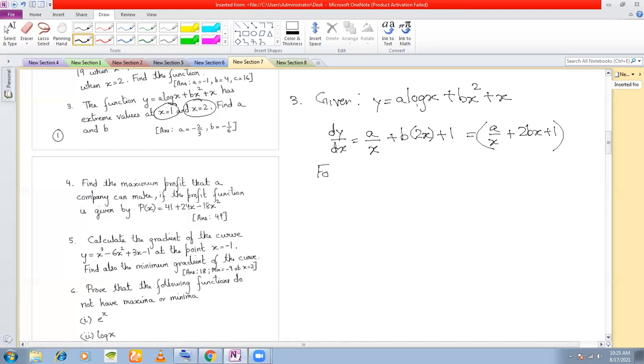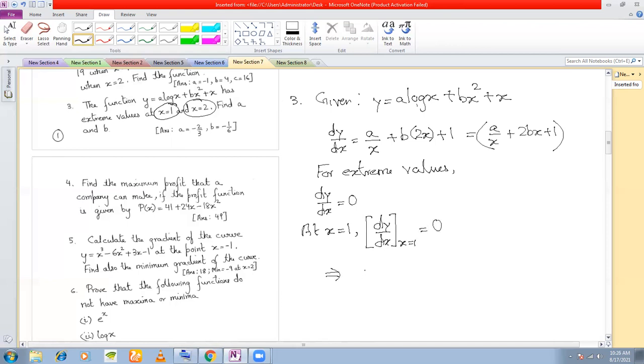Now for extreme values, dy dx must be equal to 0, right? So at x is equal to 1, you must have dy dx at x is equal to 1 must be equal to 0.